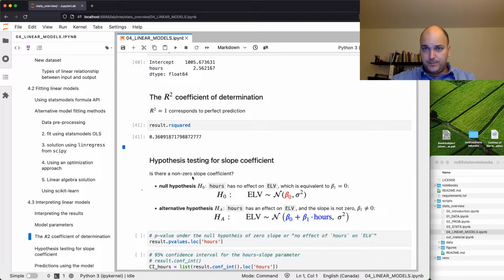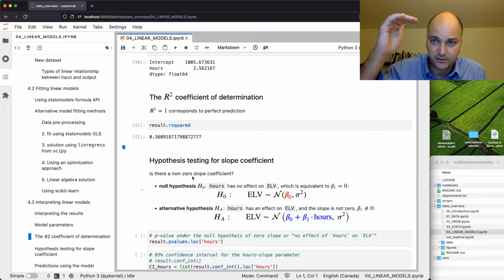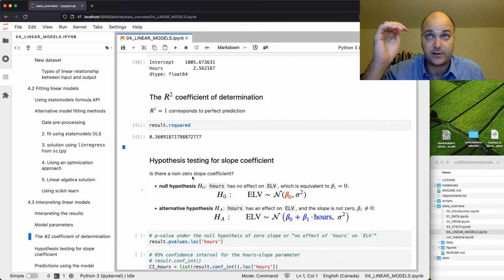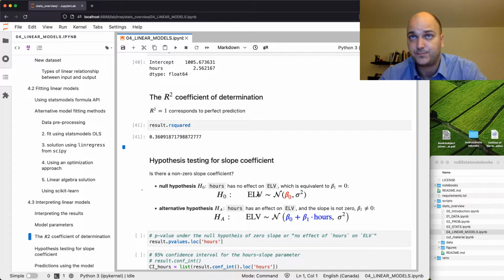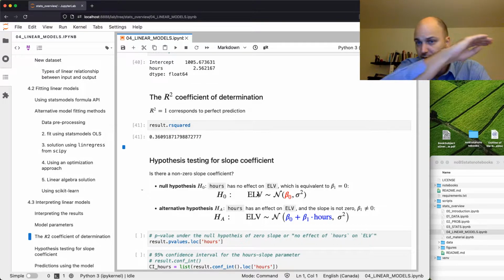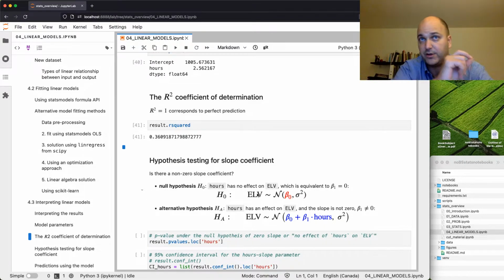If this model is a measure of the relation between the hours of statistical training and the increase in EOV, employee lifetime value, then the slope should be non-zero, right? As you increase the hours, you should increase the employee lifetime value. But again, a skeptic could say, no. When you change the number of hours, nothing changes. The employee lifetime value is constant. There is no slope. The slope is 0. You increase the hours, the employee lifetime value stays the same.